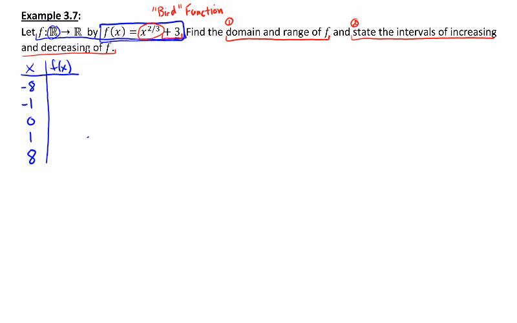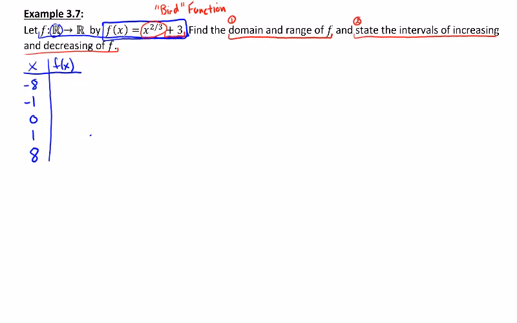So just as an example of how to do this, let me show you one calculation. Let me take f of -8, for example. So that would be -8 raised to the 2/3 plus 3. And remember, with this exponent of 2/3, there's two things that we can interpret this as.